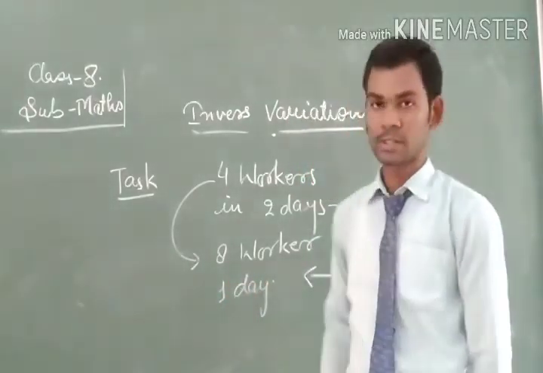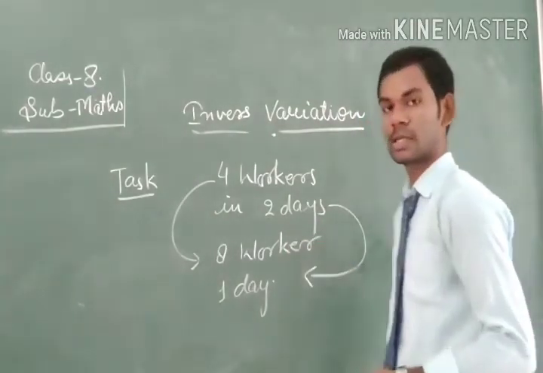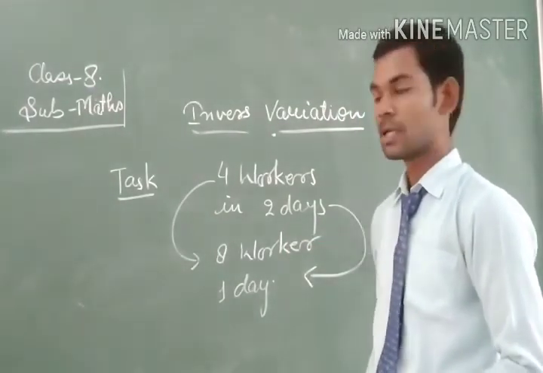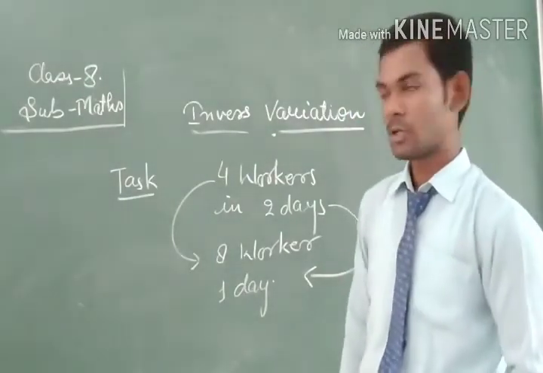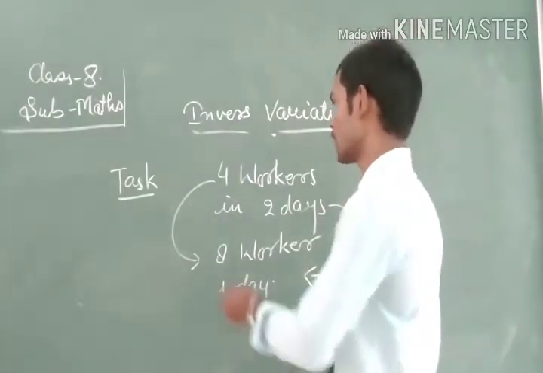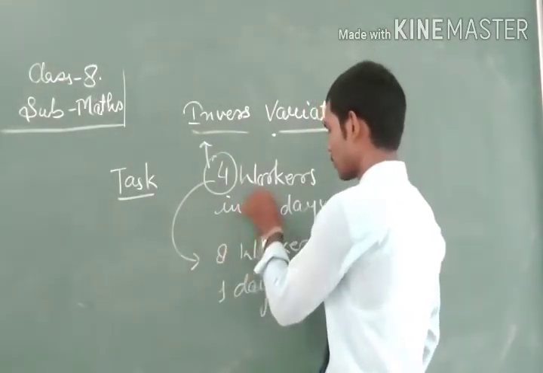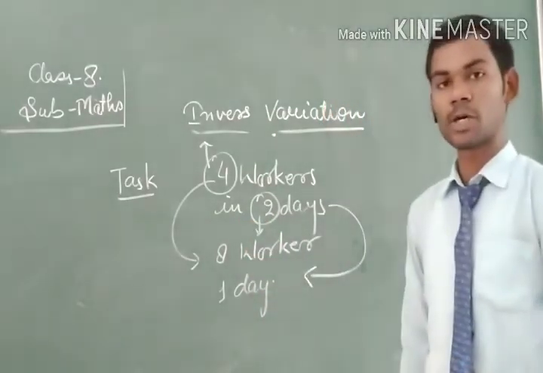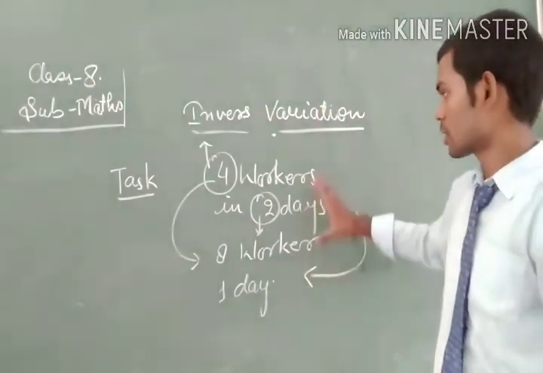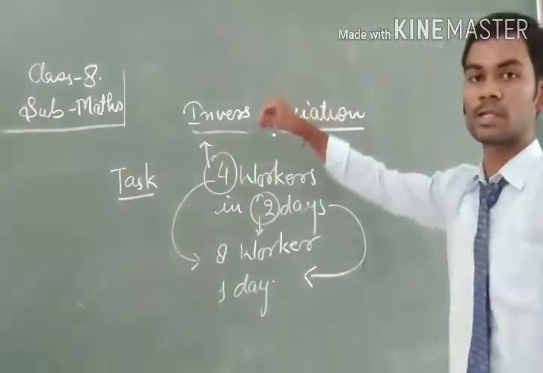So here we can see that when the number of workers increases, the number of days required to complete the work decreases. So if one quantity increases, then the other quantity decreases in the same amount. Such a case is called inverse variation.